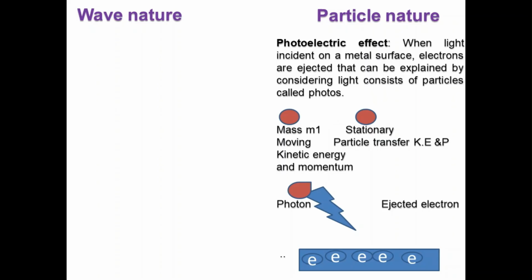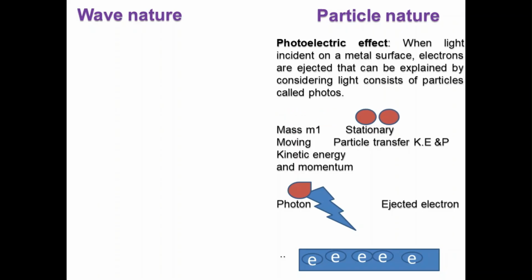Before I go to the photoelectric effect, we all know this: suppose we take a body of mass m1 that is moving, meaning it has certain kinetic energy and certain momentum. Another body I took is stationary. If I push this m1, this body, what will happen?